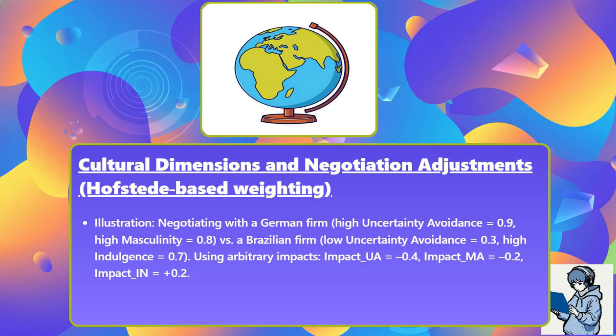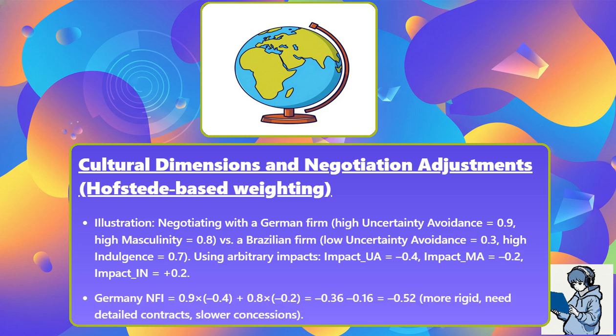Illustration: negotiating with a German firm, high uncertainty avoidance equals 0.9, high masculinity equals 0.8, versus a Brazilian firm, low uncertainty avoidance equals 0.3, high indulgence equals 0.7. Using arbitrary impacts, impact UA equals -0.4, impact MA equals -0.2, impact IN equals +0.2.